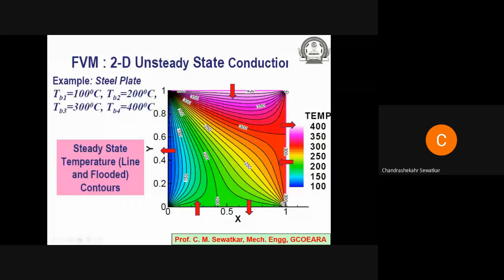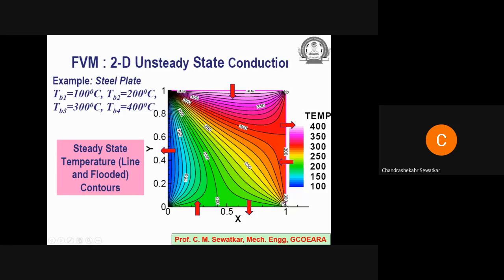Once the steady state is reached, the solution looks like this. Again, whether my finite volume methodology, which we have tried to understand so far, works well, we can check after looking at these contours. Now see, the analytical solution is also available for such a problem.